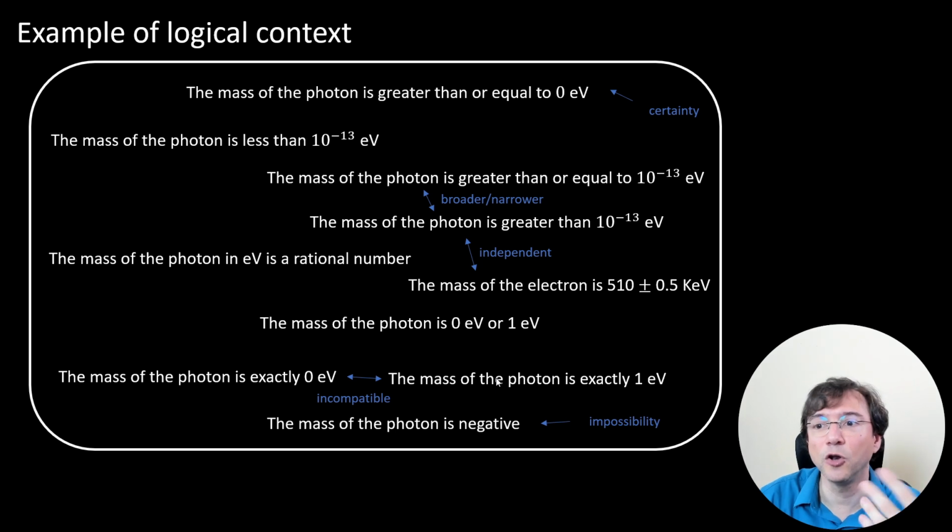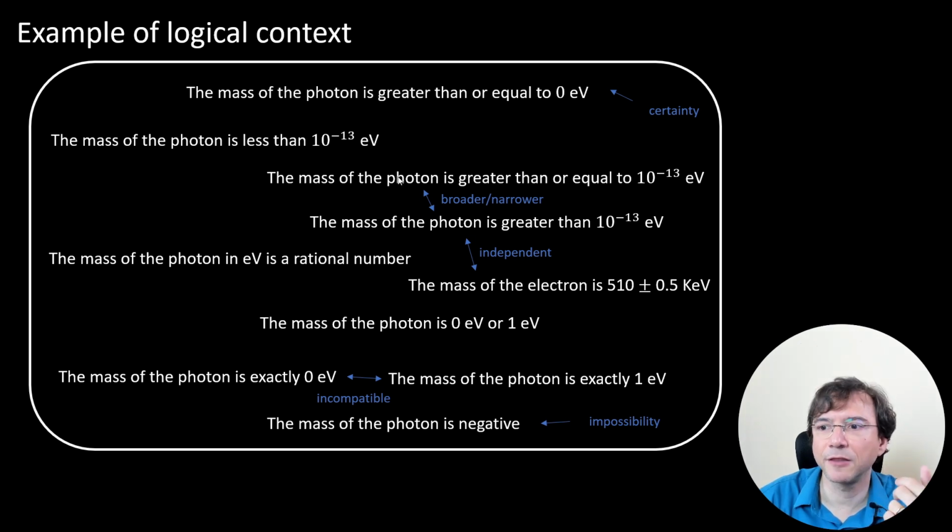Okay, so if we look at our example of logical context about the masses of photons and electrons, we can understand that the mass of the photon being greater than or equal to 0 electron volts is a certainty. The mass of the photon being negative is an impossibility.